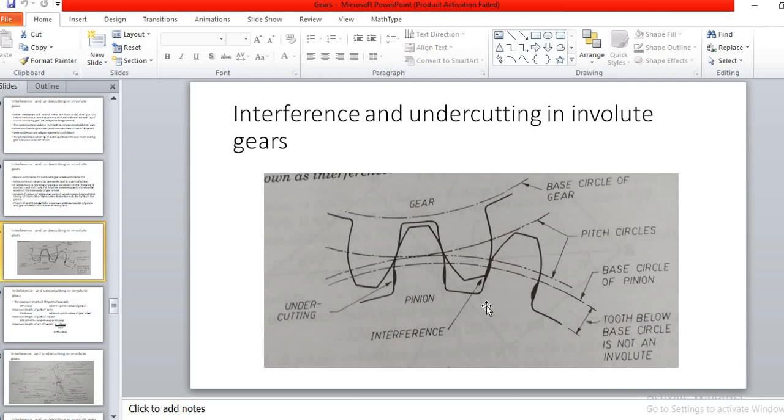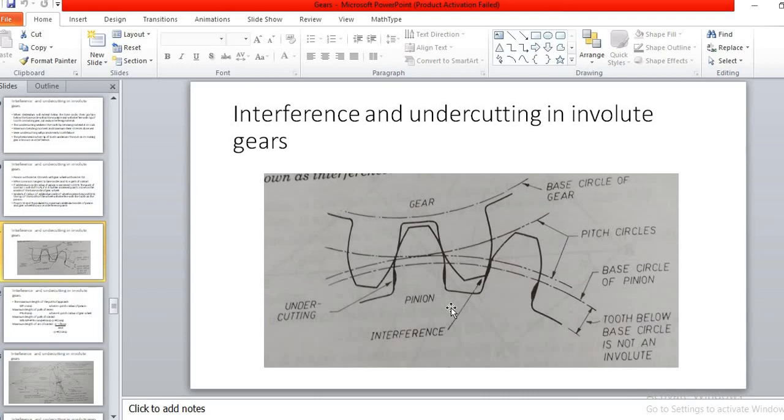Due to the increase in the dedendum, that dedendum circle goes beyond the base circle, and if that happens, the profile below that base circle should not be an involute profile.